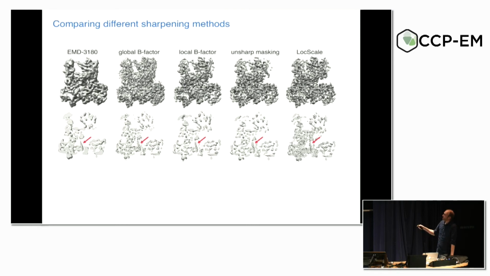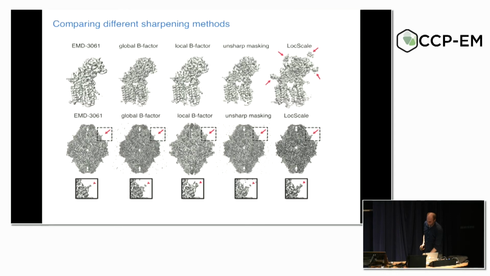If we use LocScale, it seems that in most parts we actually explain the density fairly well, and also in the central part we see a comparable level of detail, maybe even more level of detail than in this case.